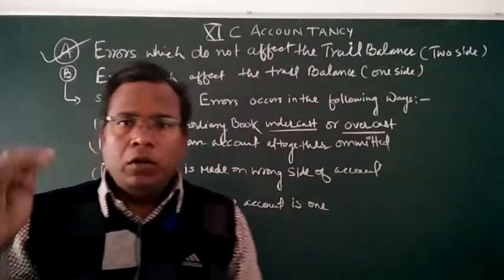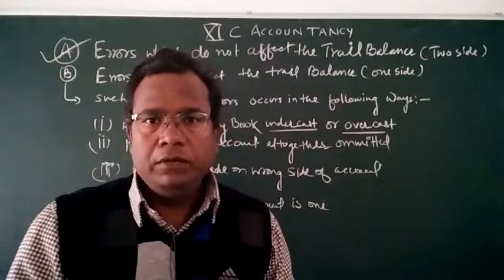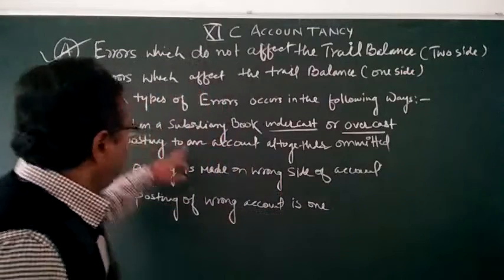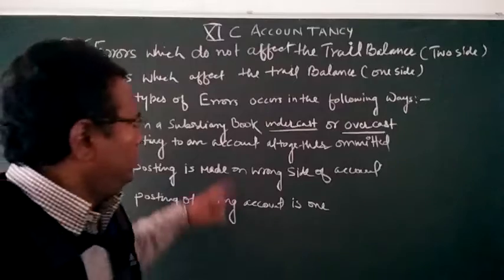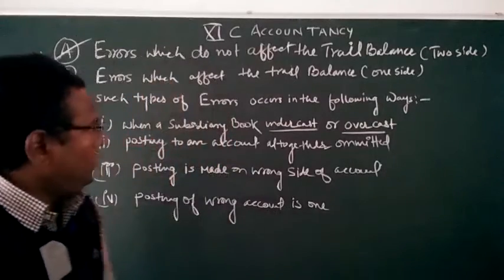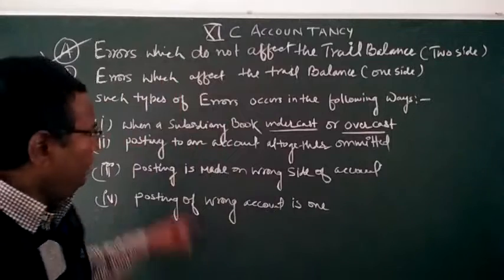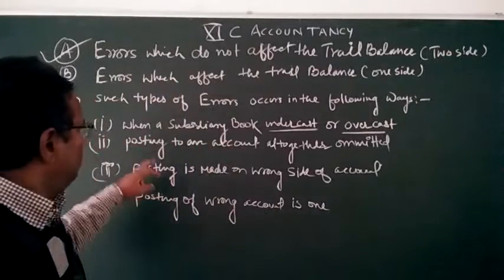Undercasting means you have totaled the amount which is lesser than the actual figure. This will affect the trial balance. These types of errors can be called one-sided errors.